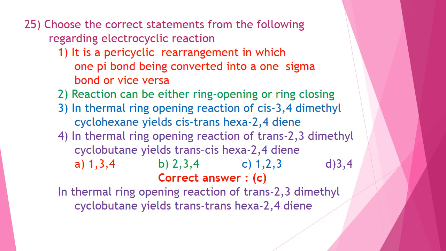Question number 25. Choose the correct statement from the following regarding electrocyclic reaction. 1. It is a pericyclic rearrangement in which one pi bond is converted into one sigma bond and vice versa. 2. The reaction can be either ring opening or ring closing. 3.